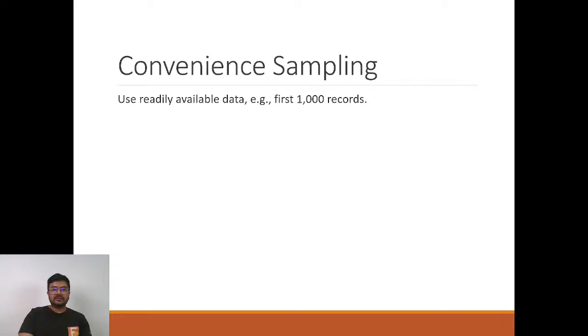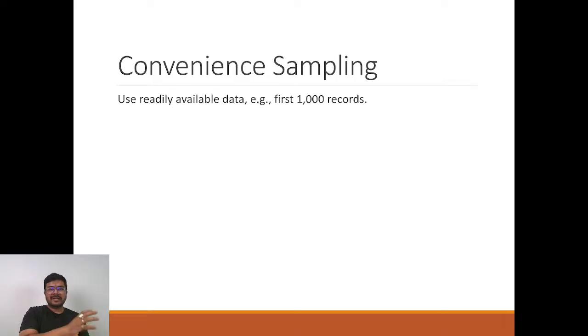So one such non-probabilistic sampling is convenience sampling. For example, I am currently at Nagpur. So someone asks me to do the same kind of opinion polls. I will think about what is convenient to me. The most convenient thing for me to take opinions is to just get out of my building and select anyone at random and ask his or her opinion about the elections, right?